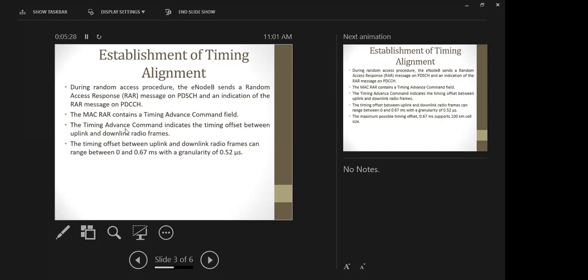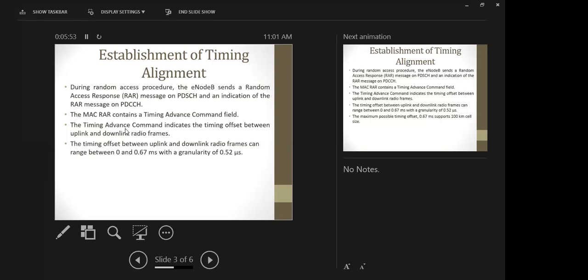I mean, how it can compare it with its current expectation. You are only listening before you initiate the random access procedure. You had downlink synchronization. You always have that. Okay, so the time alignment from your end.